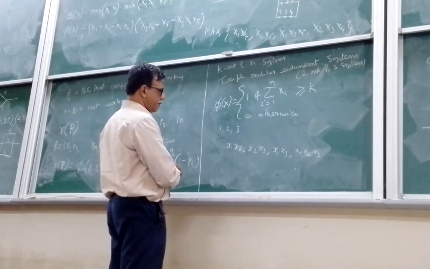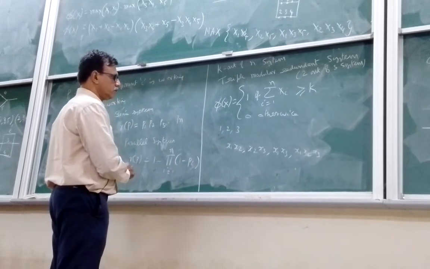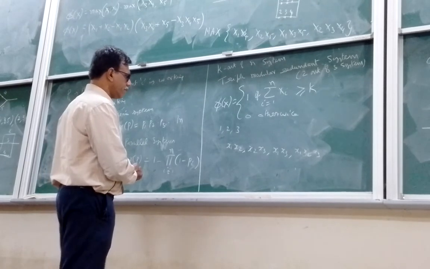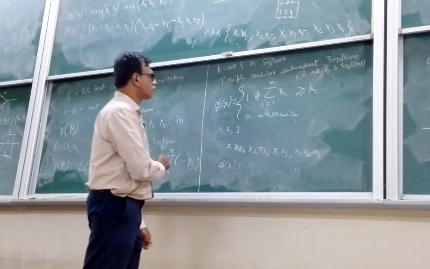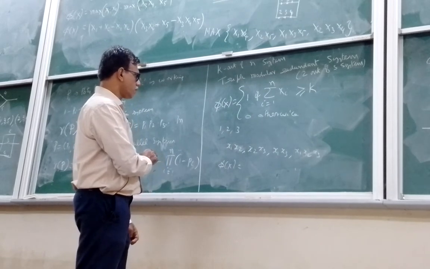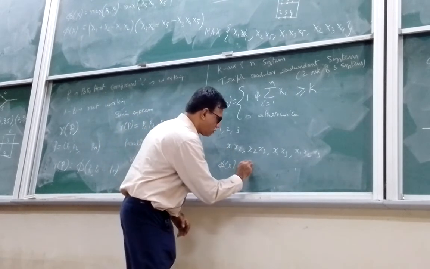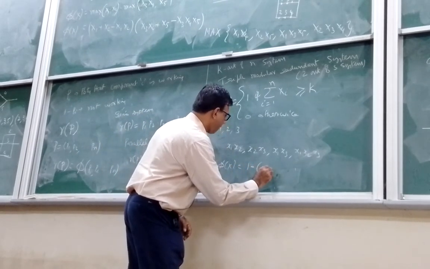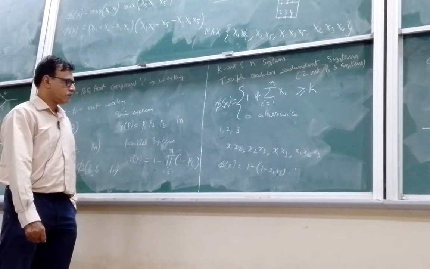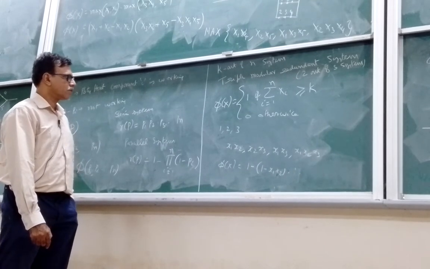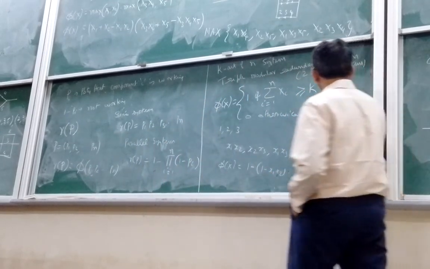So these are all of 1 minus of, or what it means is, this is like a parallel system.